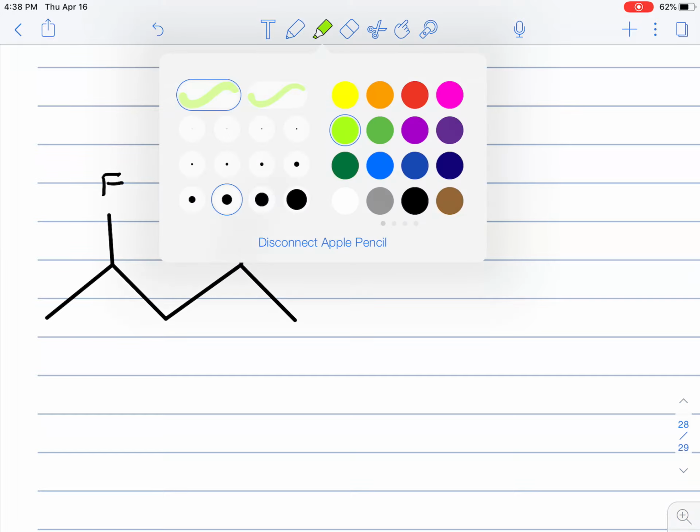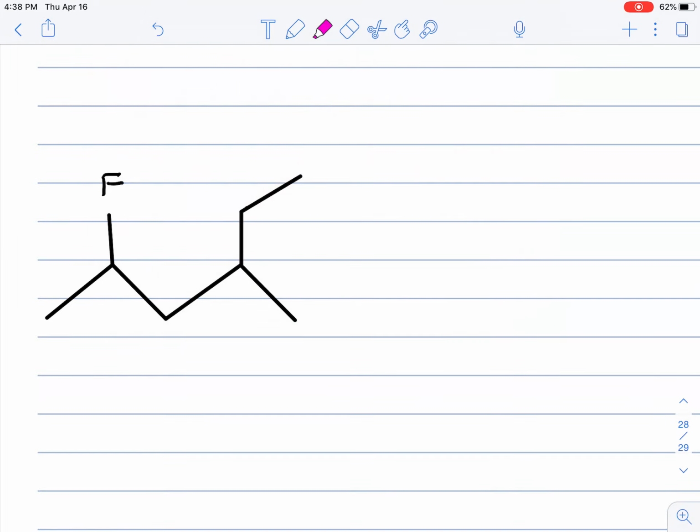I'm going to skip some steps here. So let's look at this example. Here we have 1, 2, 3, 4, 5. If I go back one step, I have a branching point. So I have 1, 2, 3, 4, 5, 6.